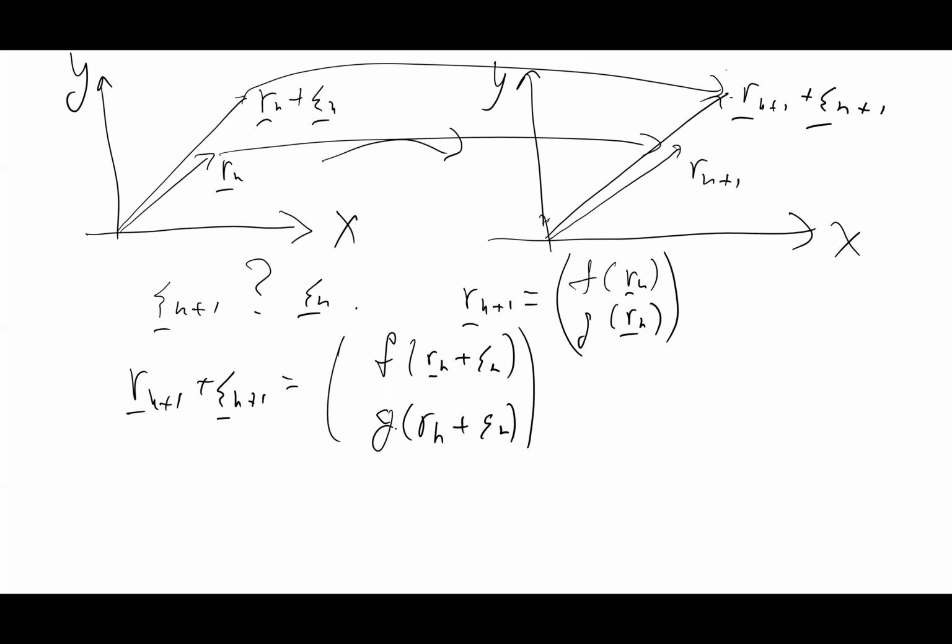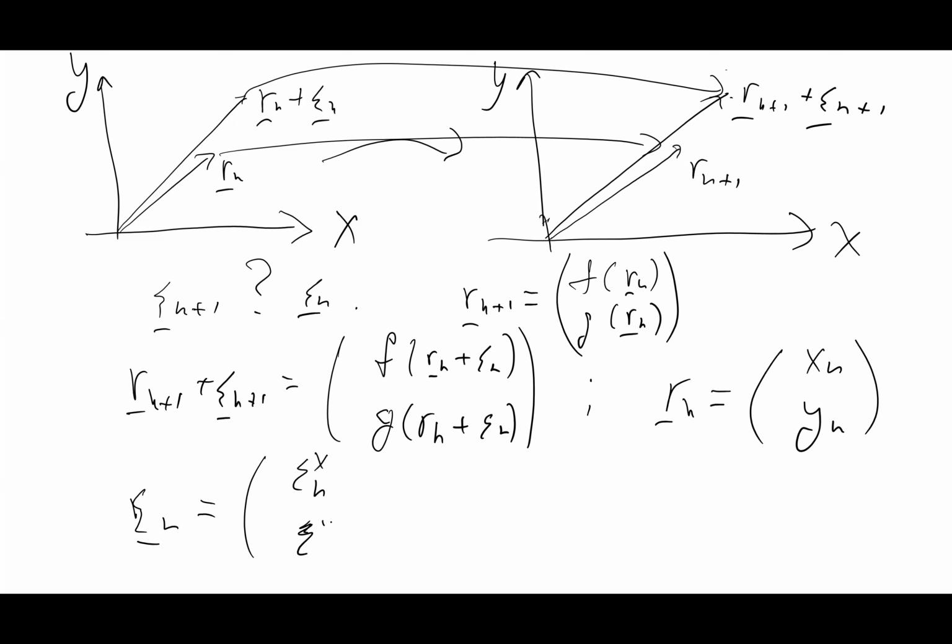Let's present Rn as a vector with components xn and yn, and epsilon n as a vector with components epsilon xn, epsilon yn.